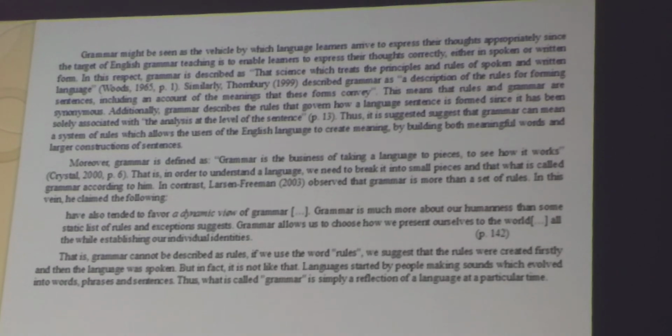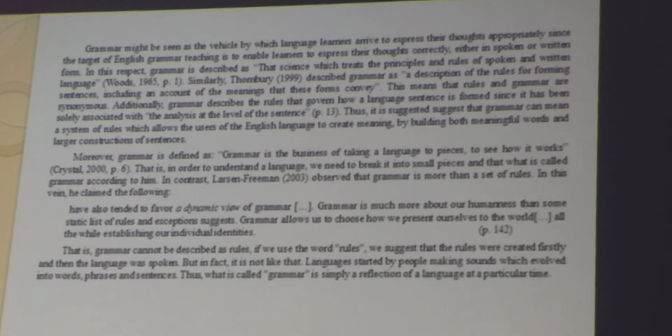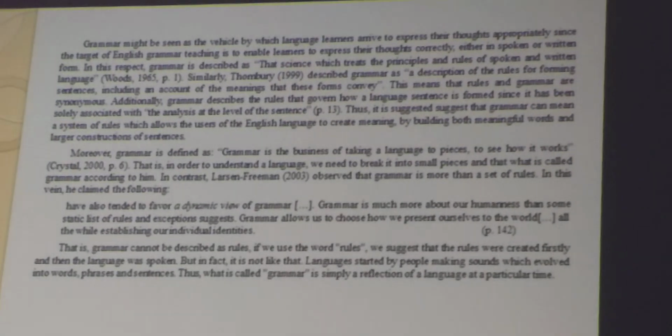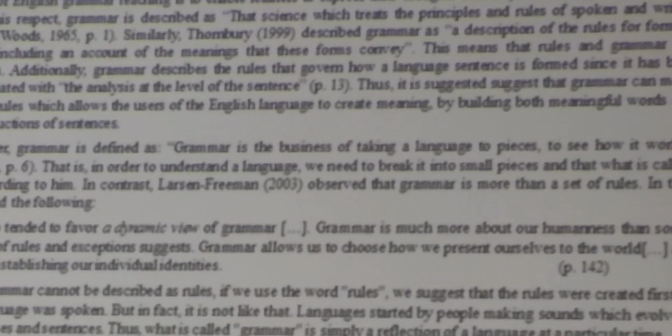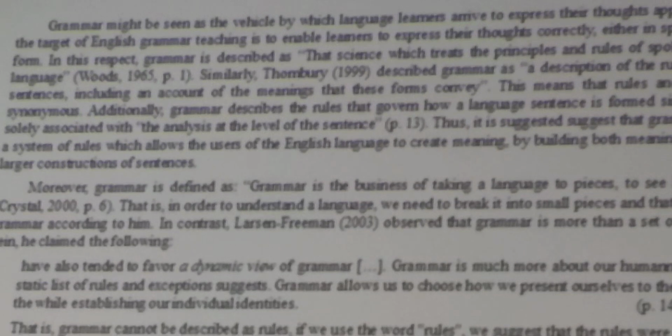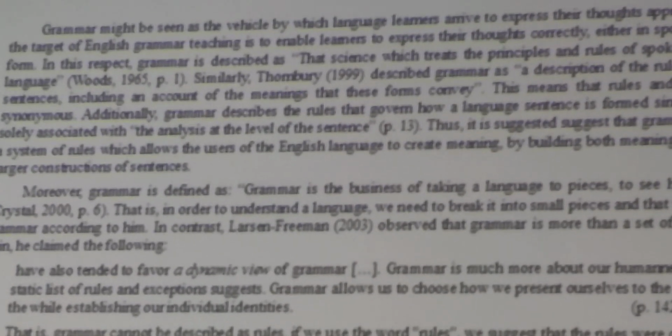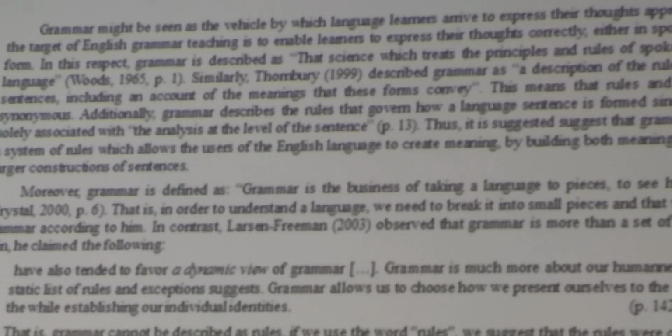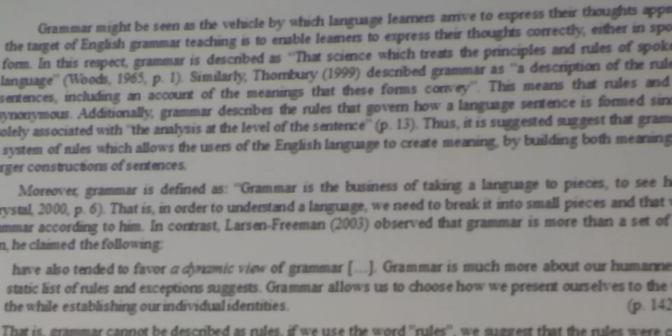So if we check this sample, and this sample is about the use of the competency-based approach in teaching grammar for middle school pupils. We can find that it is acceptable. Why?